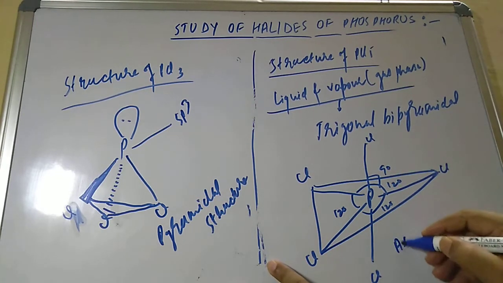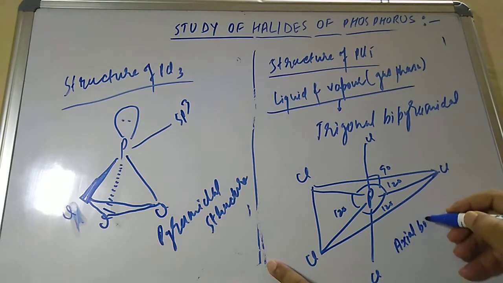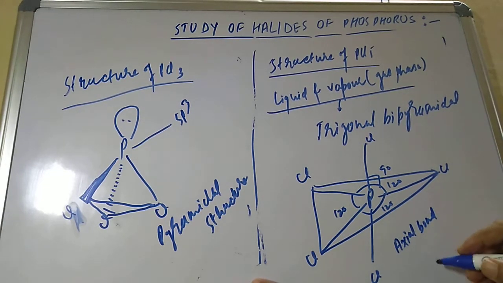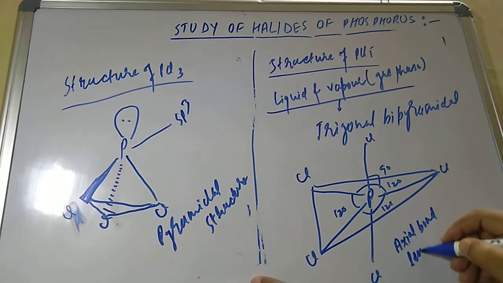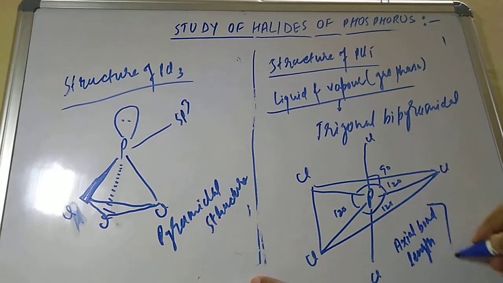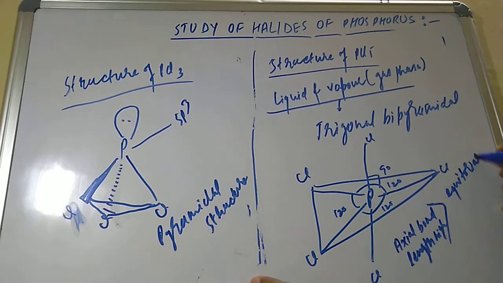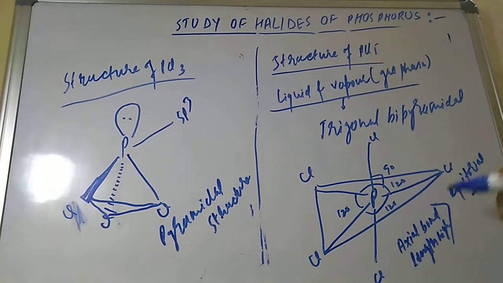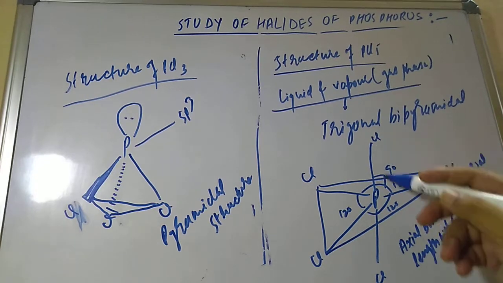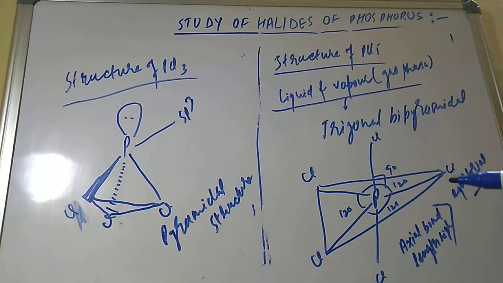So the axial bond length is larger because of more repulsion, and the equatorial is shorter. Here I am explaining that the axial bond faces more repulsion compared to the equatorial bond.